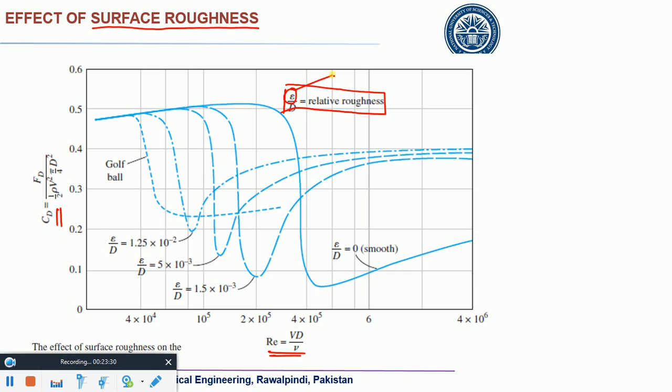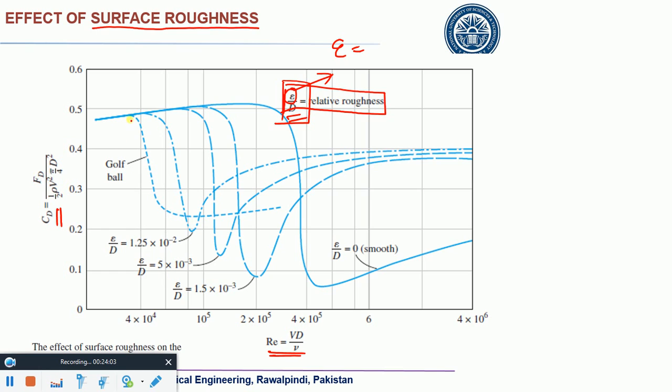This epsilon is kind of the height of that roughness element. In your instrumentation course you would learn how to measure that roughness height. But my point is, if you have some roughness element height, you can find out this relative roughness. Again, the trend is to find non-dimensional numbers.